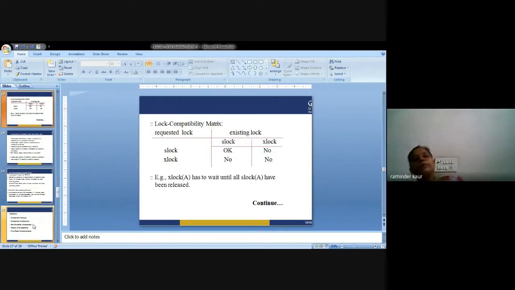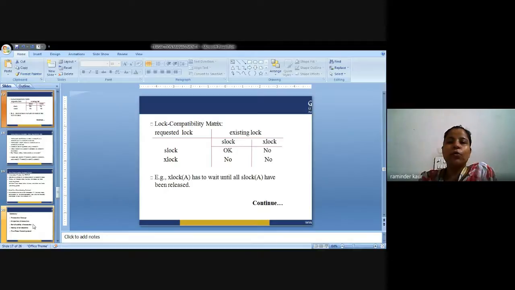Next is the lock compatibility matrix. The requested lock is shared lock or exclusive lock. Next is the existing lock. Existing locks are of two types, S lock and X lock, that is exclusive lock. So what does the matrix represent? S lock and S lock, okay.